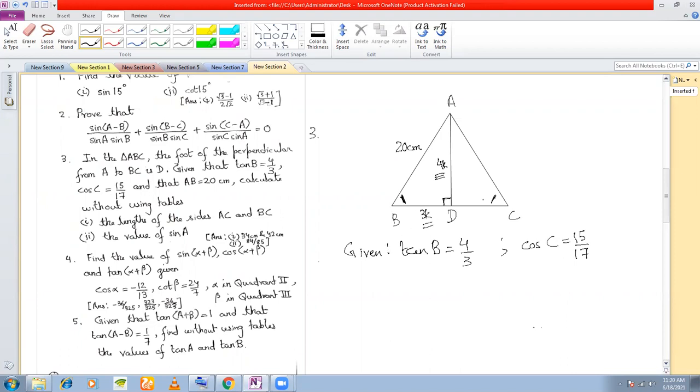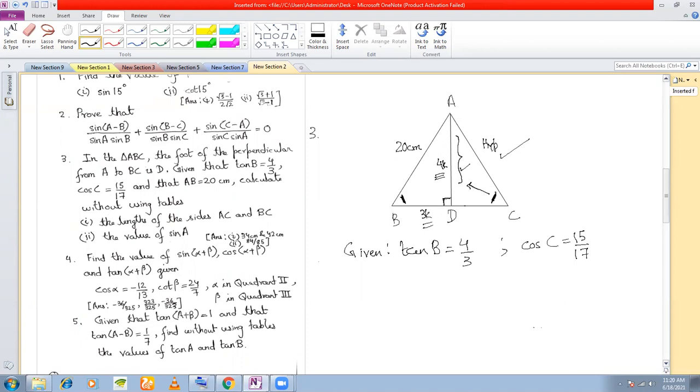Now see that cos C is given to you. We want to find out the length of AC. This is the hypotenuse of this triangle, right? Cos C is given. So what do we need? Since we need to find out the length of AC, and we know only this, if cos of this angle is given, this is the perpendicular, we need the sine.